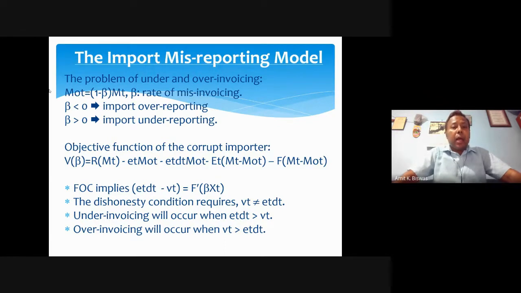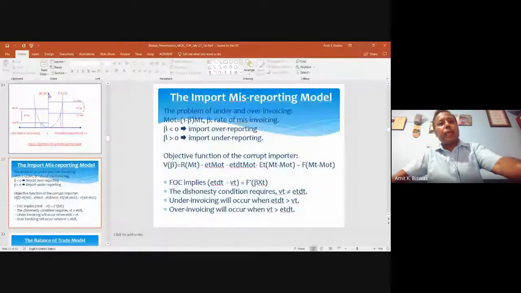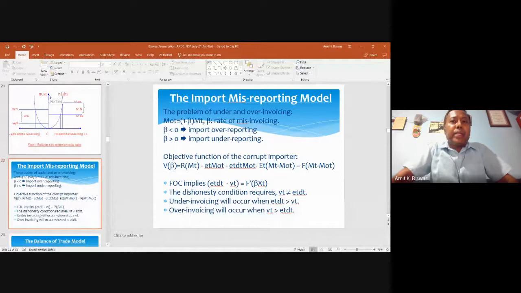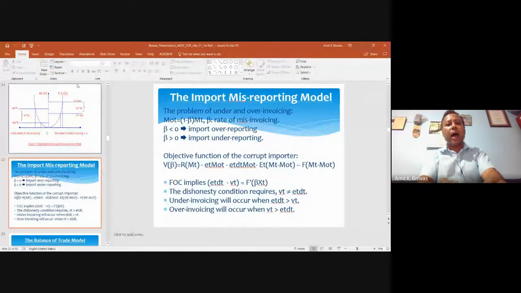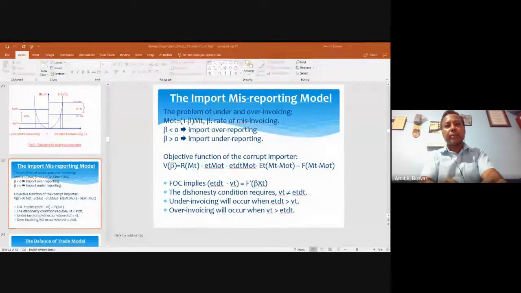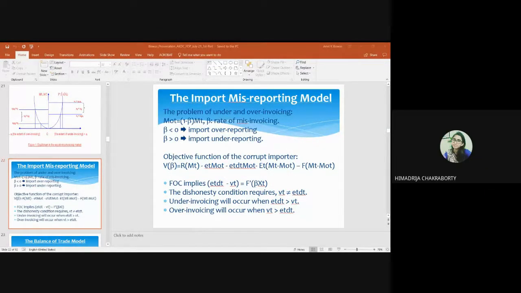But how can Himadrija finance the rest of the import basket? Can you tell me? How can she manage the rest of the $5,000 to pay to her supplier? If it were over invoicing, it was easier. But since she is underreporting, how is it possible for her to pay for that unreported basket? Where does she get the money from? From this ETDT minus VT, that amount?